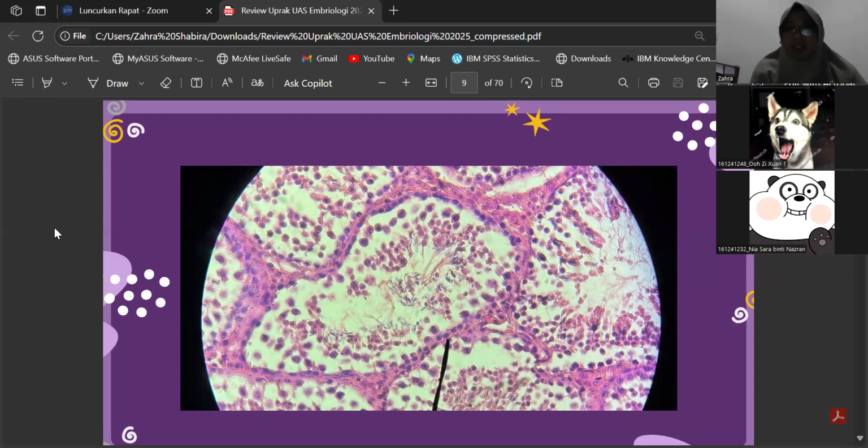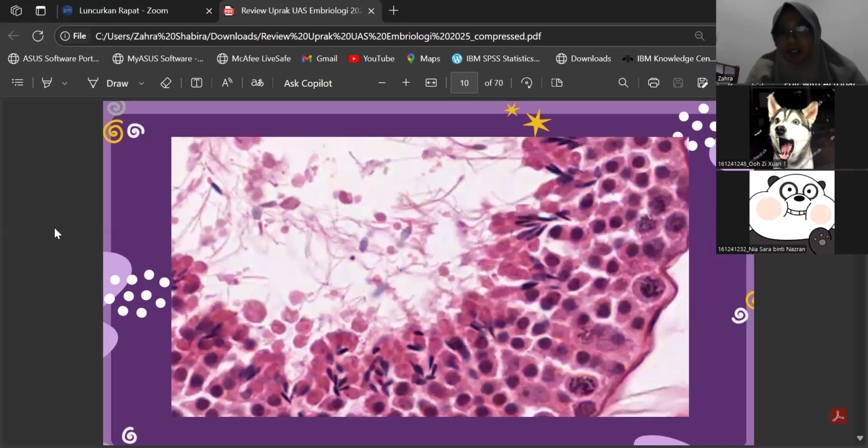Yes, lamina basalis. Now, if the question is, what cells are pointed by that arrow? Spermatogonium. Correct, because it asks about cells, not part. Lamina basalis is not a cell, but a part.